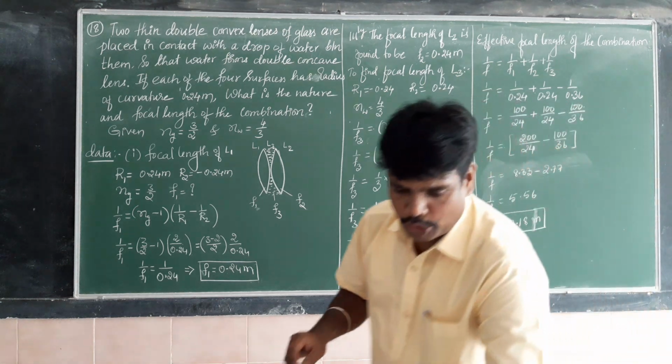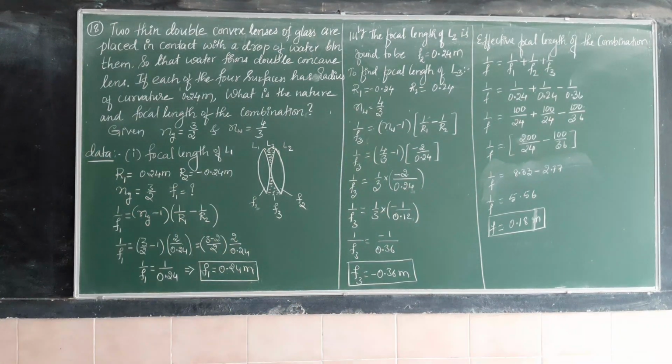Now, see in this problem, we have taken two thin lenses of focal lengths f1 and f2 which are calculated, and f3 is a water lens which is made by water. So we got a focal length f3 equal to minus 0.36.